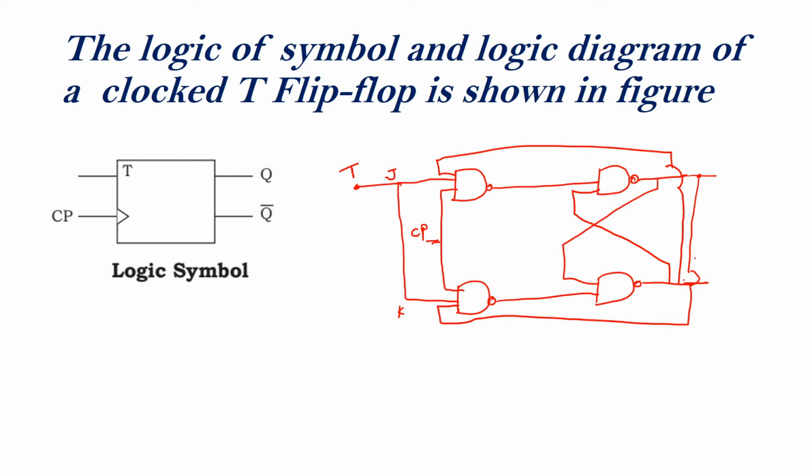This is the diagram of T flip-flop. This is Qn and Qn bar present state, and this is the next state Qn plus 1 and Qn plus 1 bar. Okay, this is the logic diagram for T flip-flop.